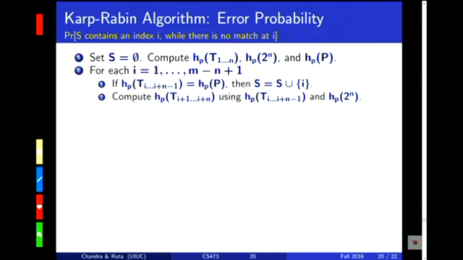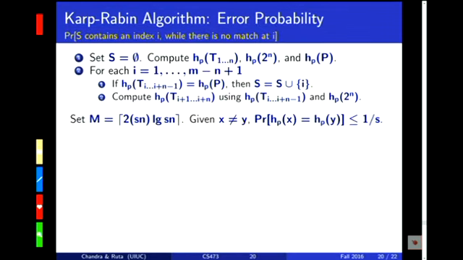So I'm going to set M to this number 2Sn log Sn, and then because x and y are of length n, the probability that x not equals y but HP(x) equals HP(y) is at most 1 over S. This we already saw in string equality, right?